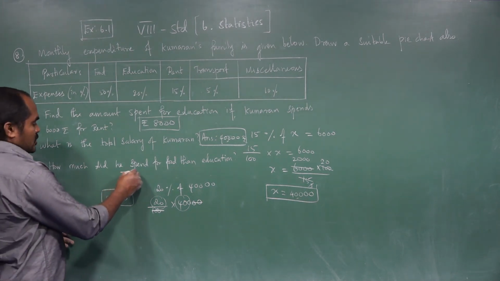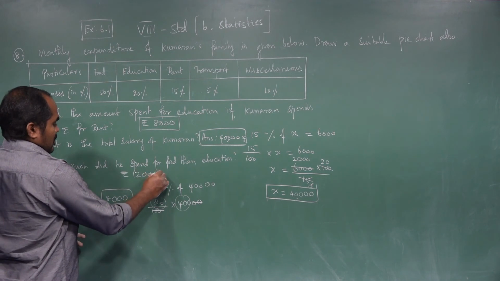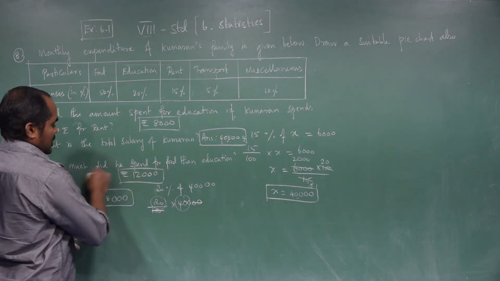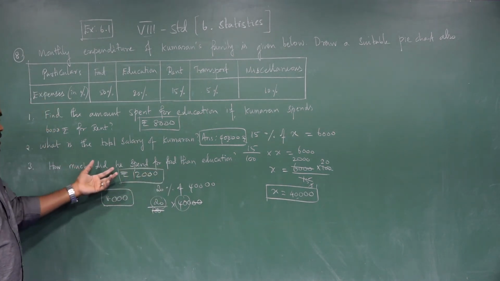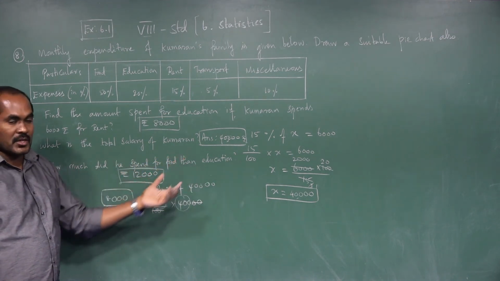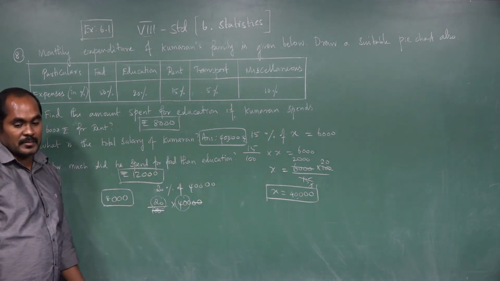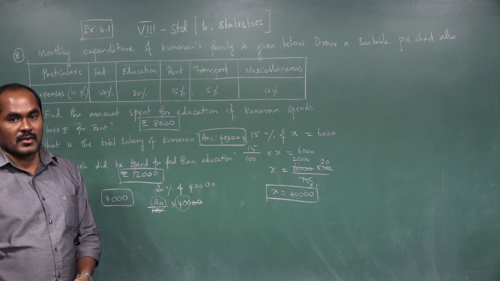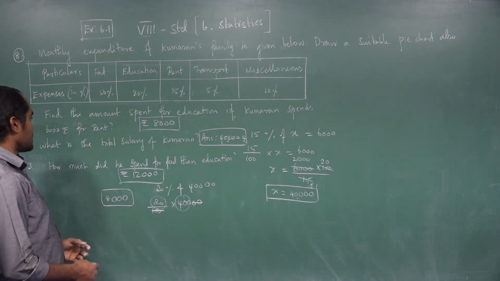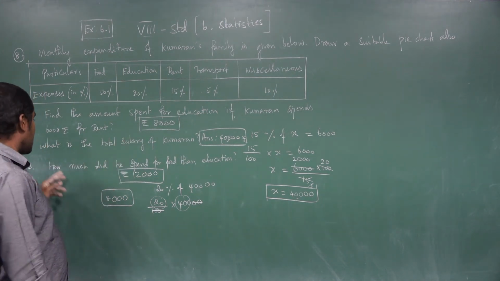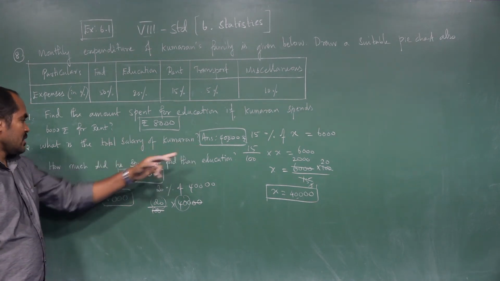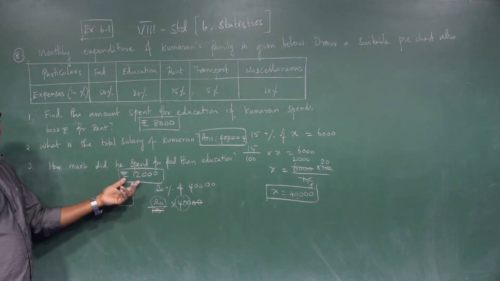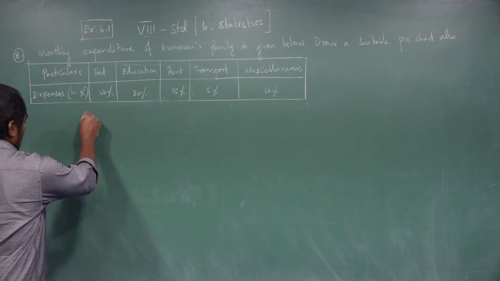That is 12,000. So 12,000 is the last question answer. So first question answer is 8,000, second is 40,000 and third one is 12,000.